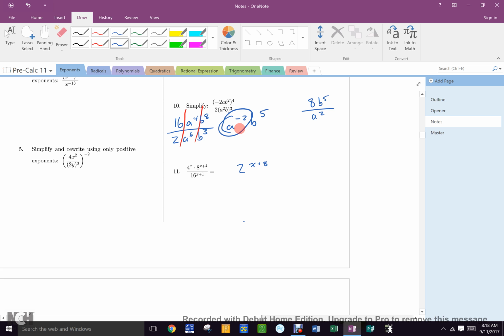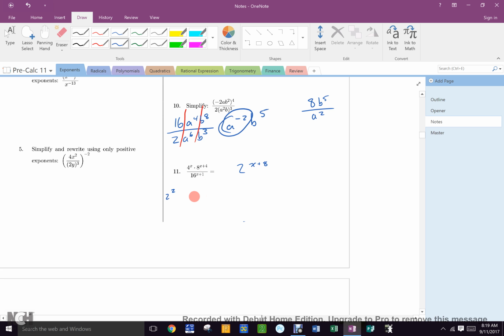Okay? Everybody good with 9 through 11 or 6 through 11? These are not the same base, yes? Everyone agrees? But isn't 4 2 squared?